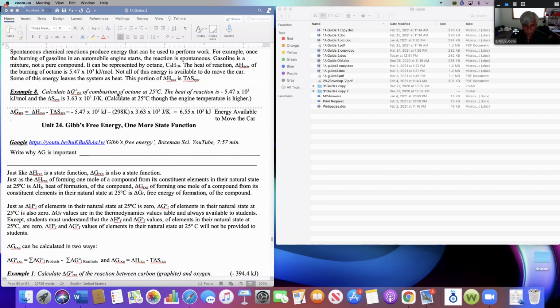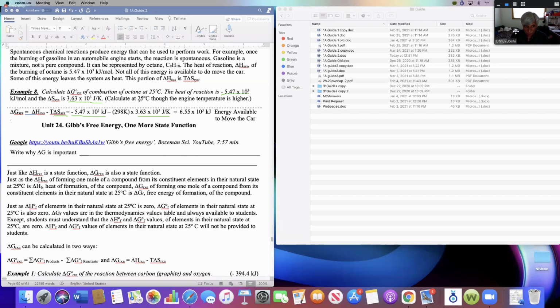Delta G system for combustion of octane at 25 degrees Celsius. The heat of the reaction is this. That's the heat of the system right there. Temperature is 25 degrees Celsius. Delta S system is this. So we just plug in the numbers. Both the heat of the reaction and T delta S reaction can be calculated also, but anyway, it's given here.